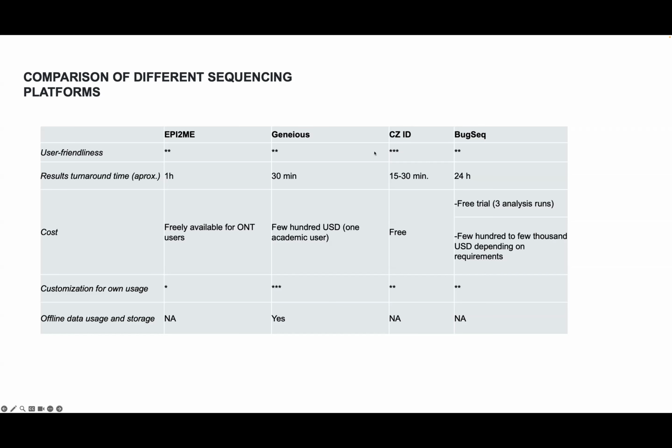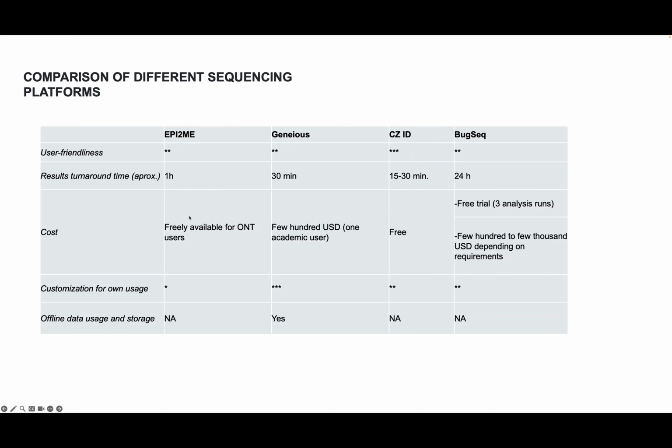And the other 3 are quite comparable. The results can be found within up to 1 hour, I would say. The CZID is the quickest one here, and it also has the most user-friendly platform, I would say. And also an advantage of CZID is that it's free.